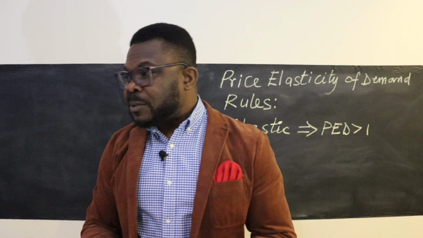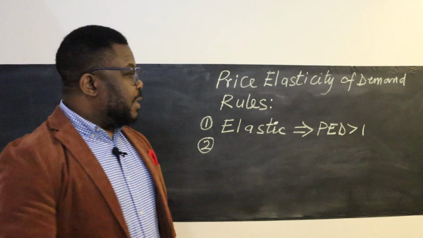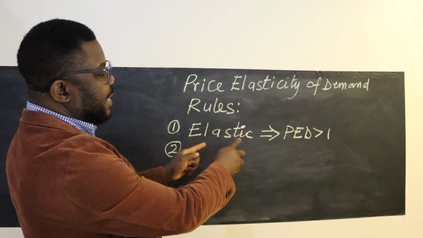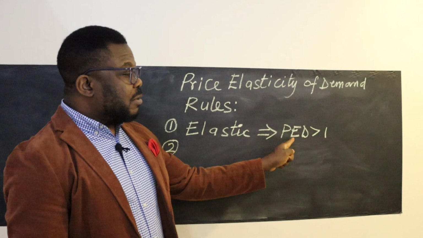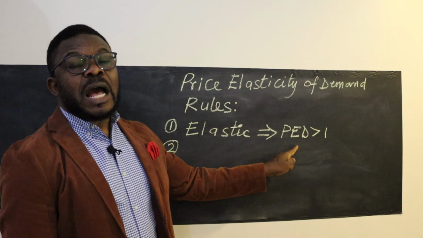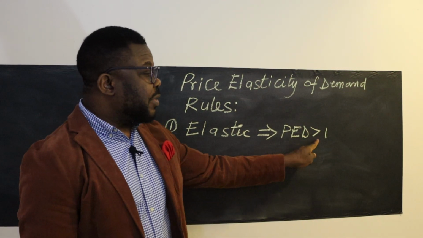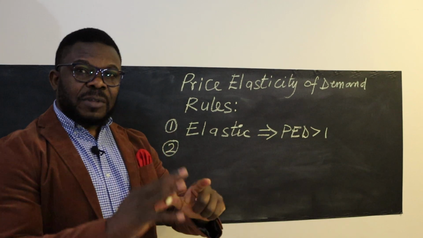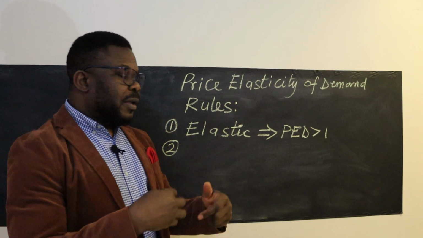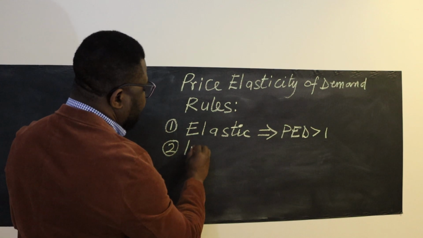So let's look at some of the rules. So I've put here, elastic means the calculation. This PED here is the outcome of your calculation. If it's greater than 1, we call that elastic. That's the rule. Just take it like that. Second, inelastic.